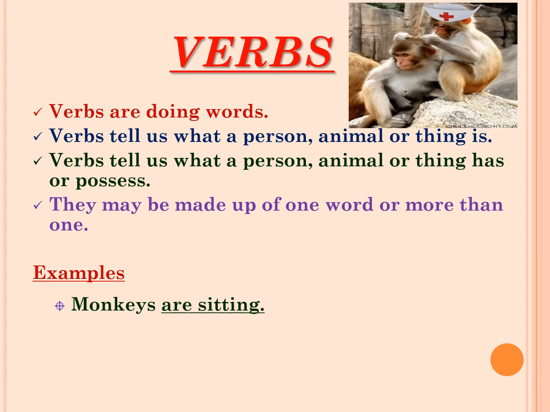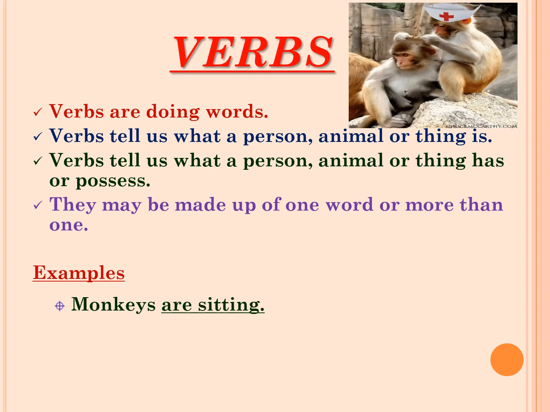Monkeys are sitting. So here our subject, that is monkeys, let us see what they are doing. Monkeys are sitting. So these two underlined words, that is are and sitting, they are telling us what monkeys are doing.